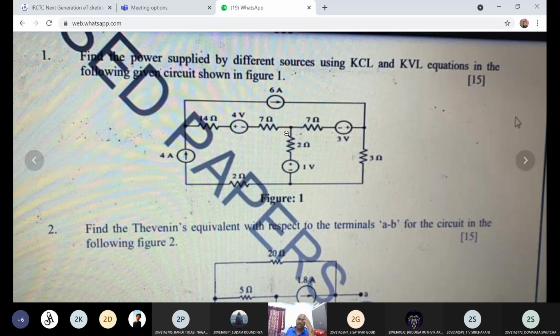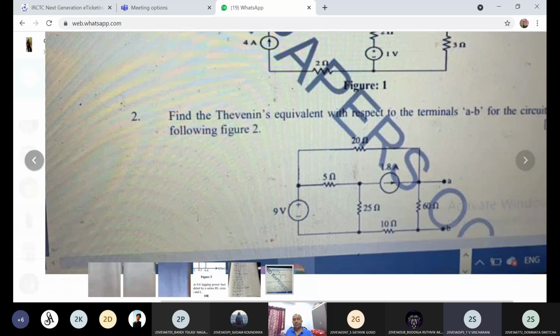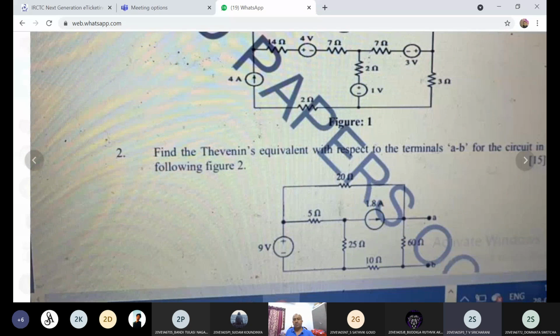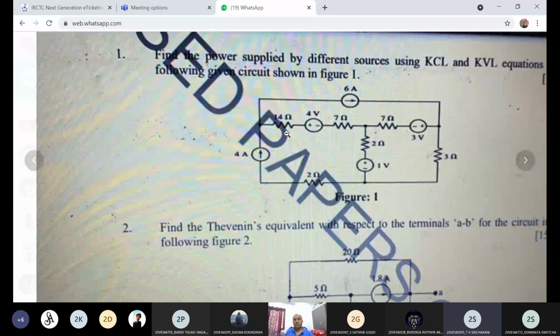Different voltages and currents are there, then easily we will get it. They are asking for power, so power is equal to voltage into current, P equals V into I. We need to find the power at each source, sir, by using KVL.